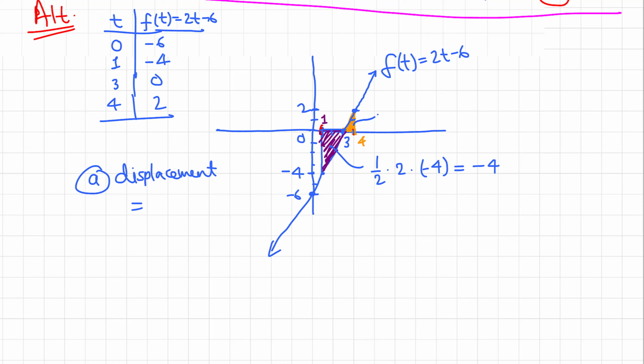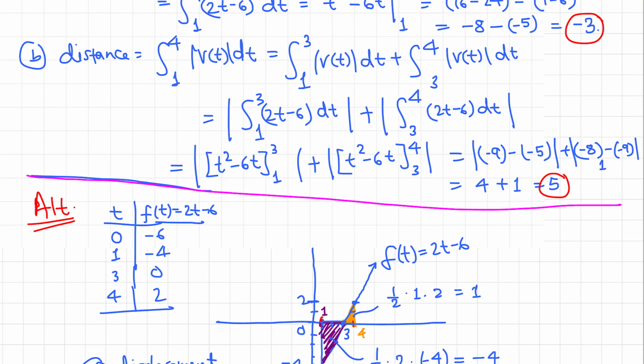And how about this one? Half times base 3 to 4 is 1 unit, and this height is 2. 2 to cancel, just 1. So displacement means 1 plus negative 4, or 1 minus 4, which is negative 3. That's what we had earlier.